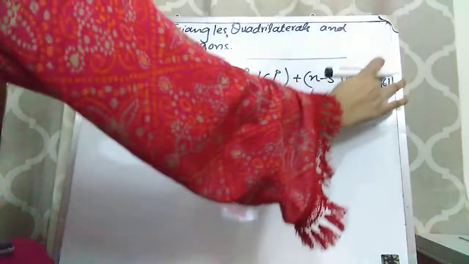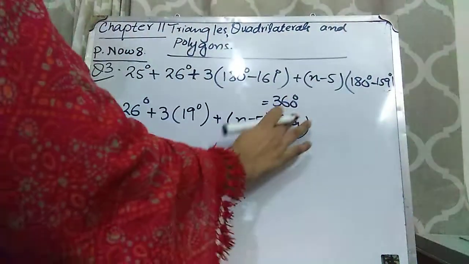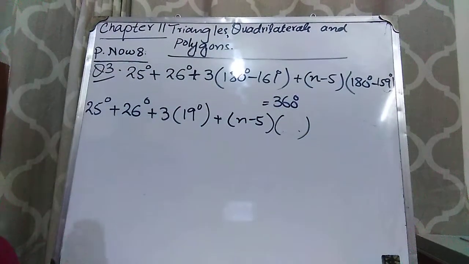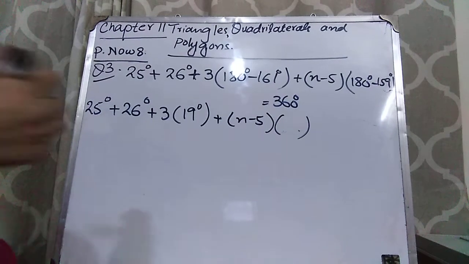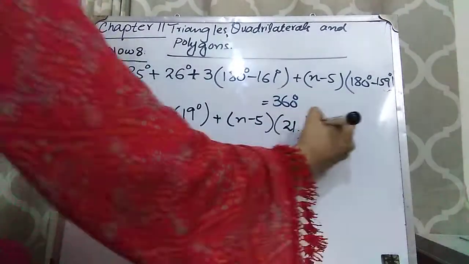Okay, so this is 159. Sorry, this is 159. You will subtract 159 from 180. You will get 21. Now they are equal to 360 degrees.